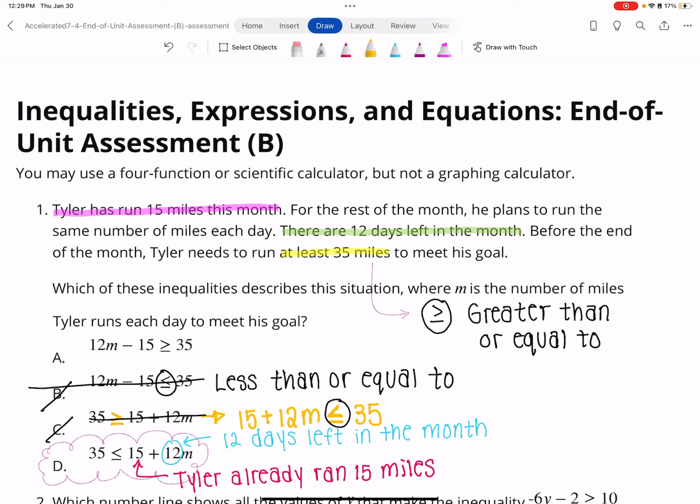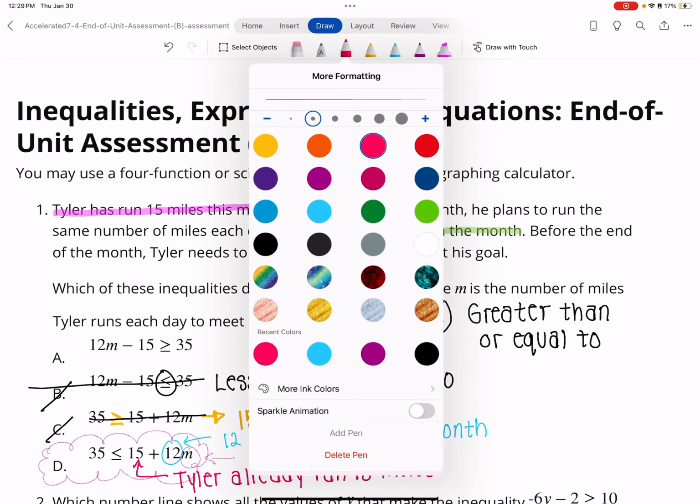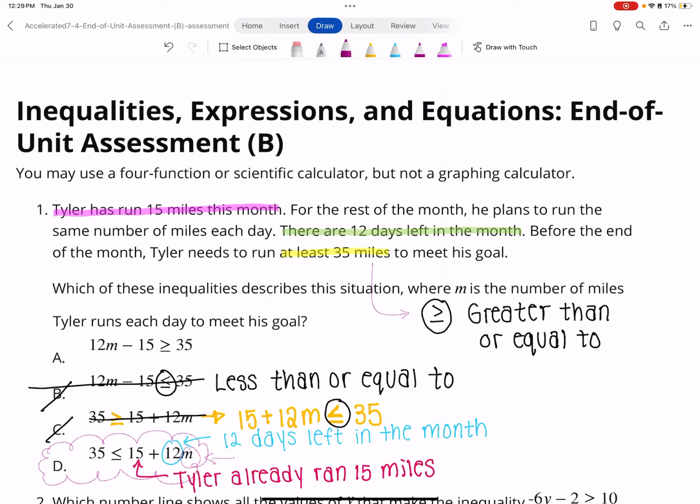And M represents the number of miles Tyler needs to run per day, every day.